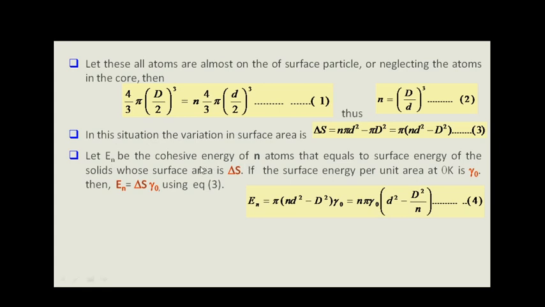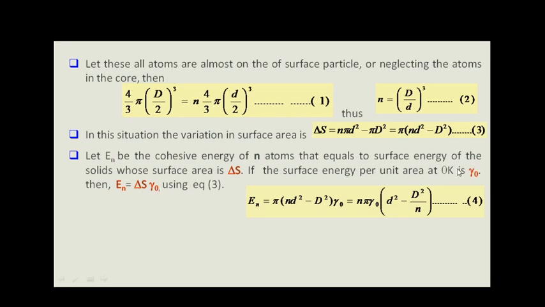And if the surface area change is delta S, that is equation 3, and the surface energy per unit area is, let us say, gamma 0 at 0 Kelvin, then the total surface cohesive energy associated with the change in the surface would be given by delta S multiplied by gamma 0 at 0 Kelvin.